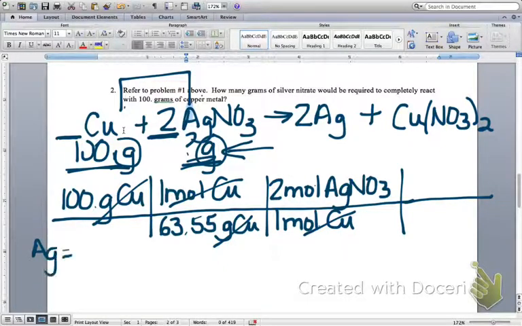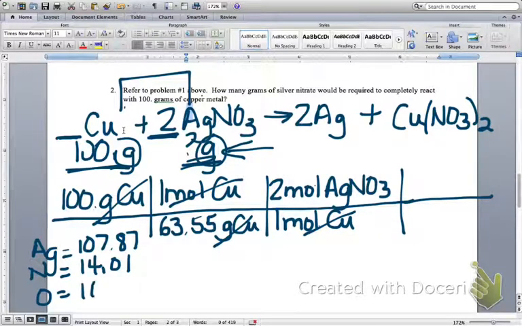So I've got to calculate molar mass this time. Silver is 107.87. Nitrogen is 14.01. Oxygen is 16. And what does that oxygen need to be multiplied by? 3. I'm going to add all of those together to get the molar mass of silver nitrate. Okay? So do that and tell me, what is the molar mass of the silver nitrate?